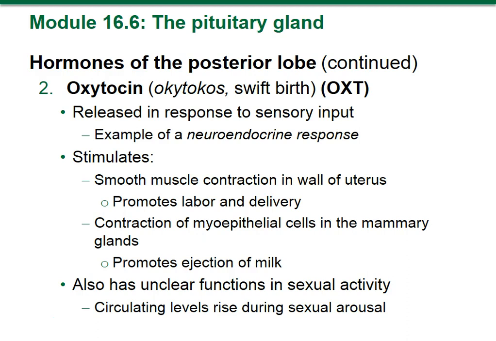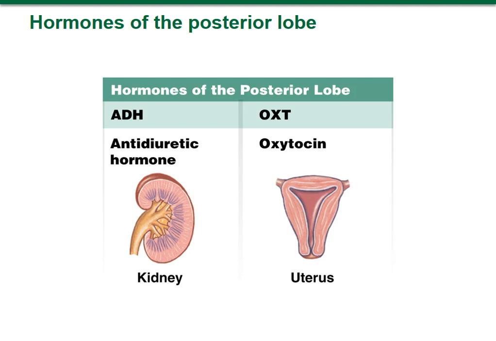But we do know that the circulating levels do rise during sexual arousal. So there's the hormones of the posterior lobe. ADH, OX.